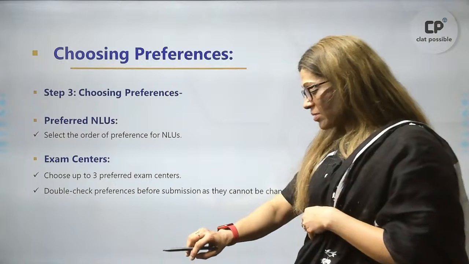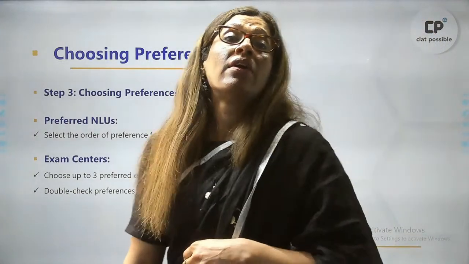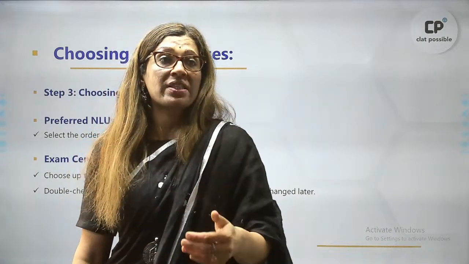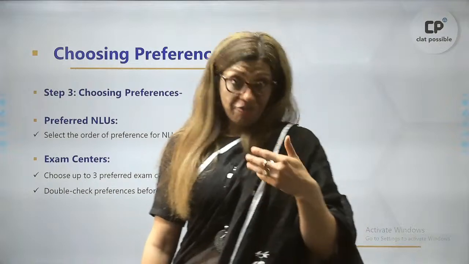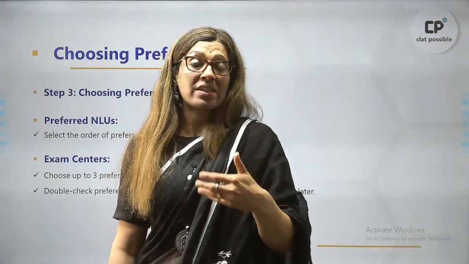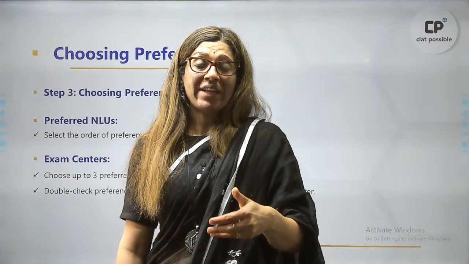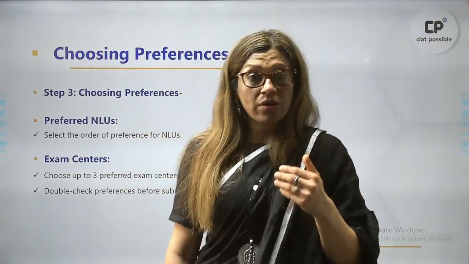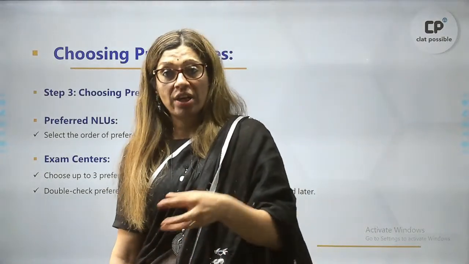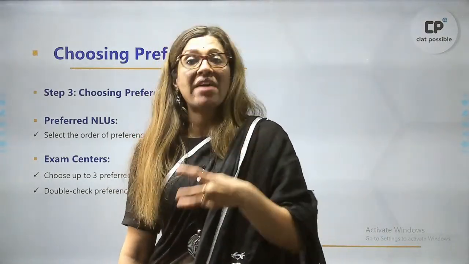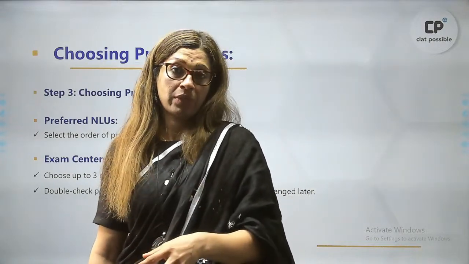Next would be the exam centers. Please make sure to choose centers that you can reach from your first preference center, if possible, within a few hours, like less than 3 to 4 hours. If you have exam centers around your preferred center that are 2 to 3 hours away or less than 5 hours away, please make sure that you fill those up.